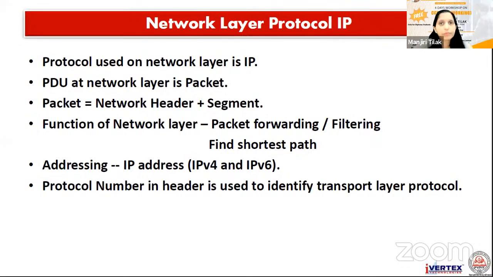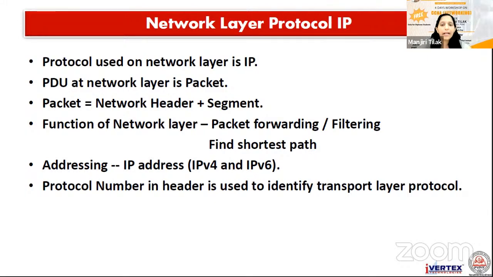communication. Now, the transport layer must understand which protocol is used on the application layer, and to identify that, the transport layer uses a port number. Similarly, the network layer should also understand which protocol is used on the transport layer, whether it is a TCP communication, a UDP communication, or the communication is happening only on the network layer.